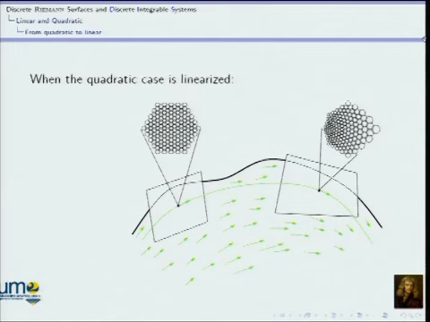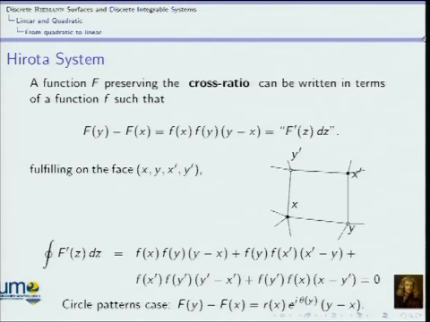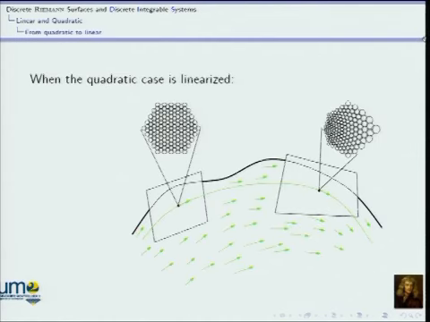And so the linearized version of this quadratic equation leads you to the linear version of discrete holomorphicity. That is to say, if you see the manifold of all the cross-ratio preserving maps, its tangent space at each point is the space of discrete linear holomorphic functions.